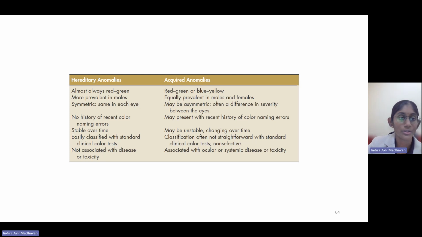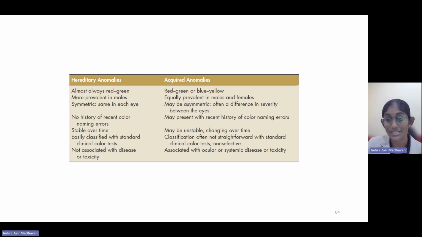In congenital, there is no history of recent color naming errors. The patient will come into your clinic with the complaint that, okay, I have had this since my young days. While patients who have acquired anomalies may present with a recent history of color naming errors, they would come into the clinic saying, recently people started commenting that when I name a color, they say I am saying the wrong thing.